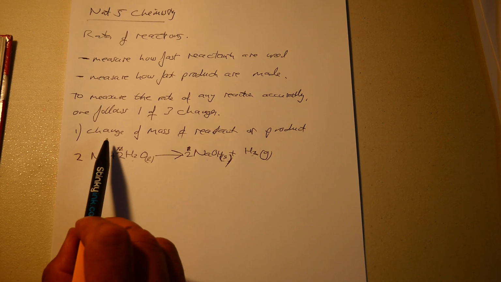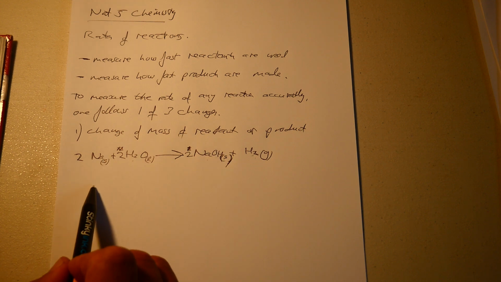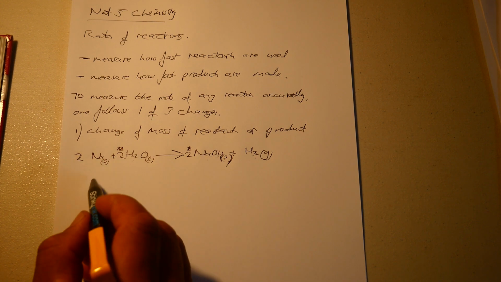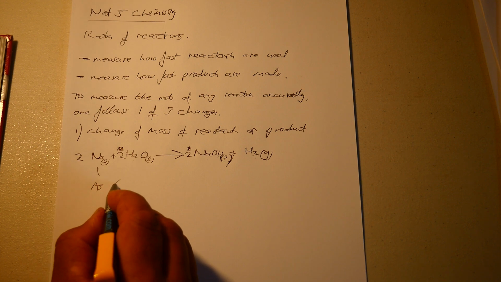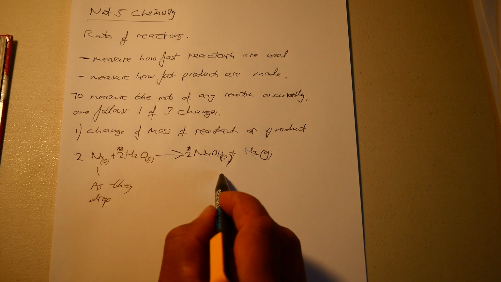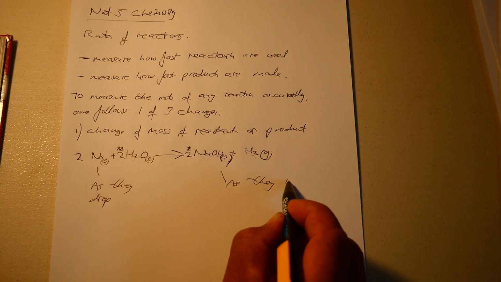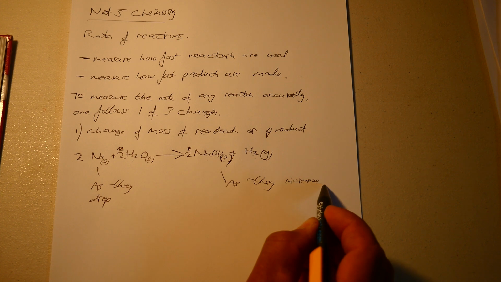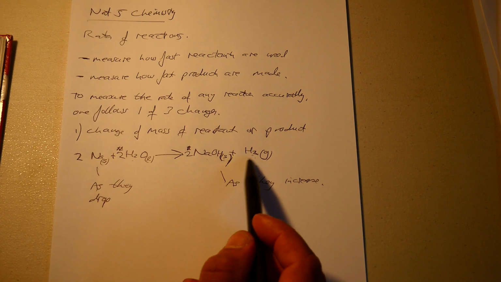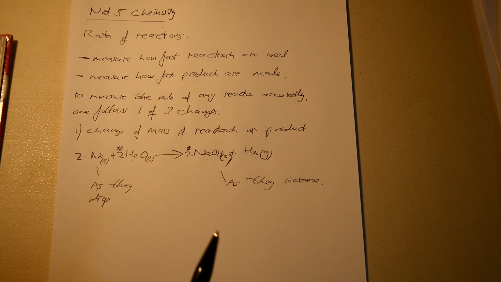So you measure the change in mass of the reactants as they drop, or as they increase. As they increase in mass, you're getting more products. As they drop in mass, you're getting less reactant.